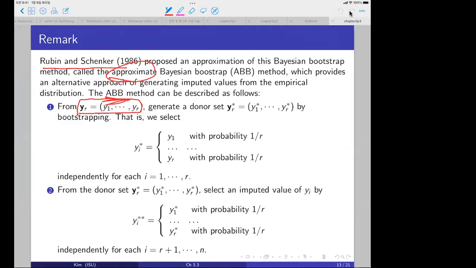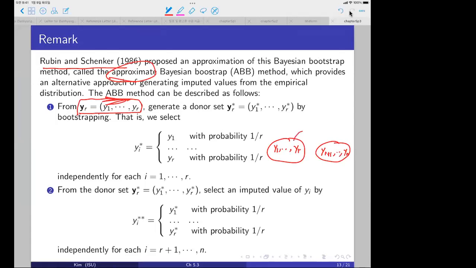So basically you have Y1 to YR, and you want to create YR plus 1 to YN, right?